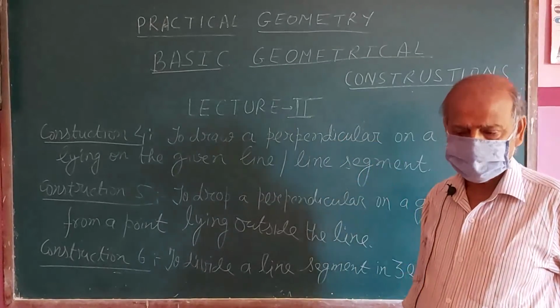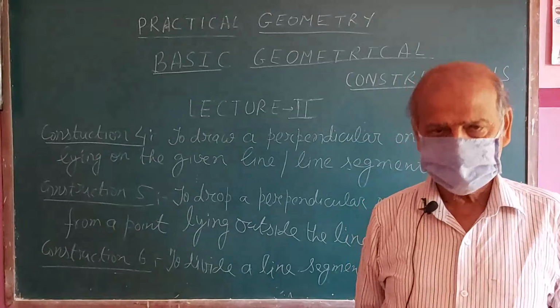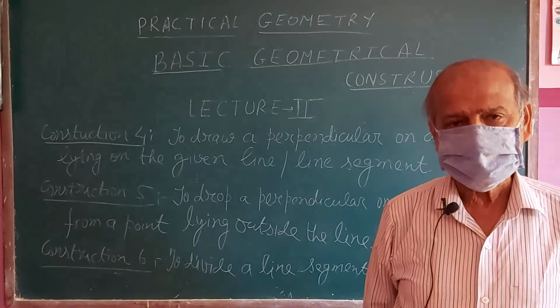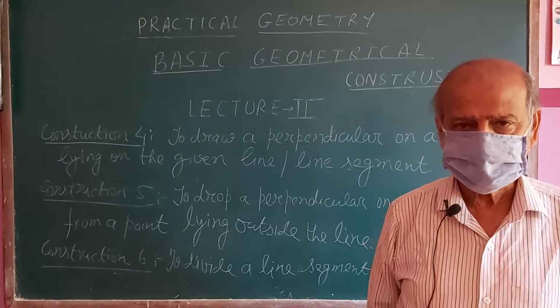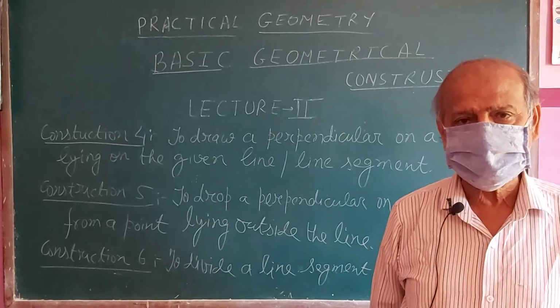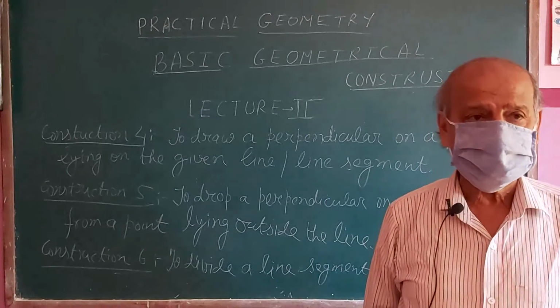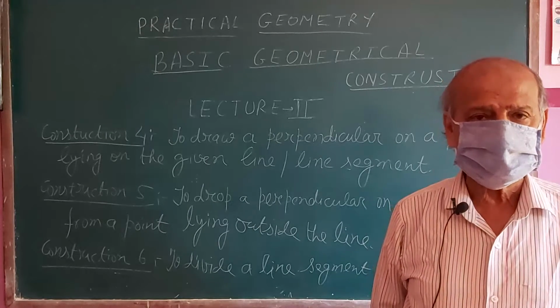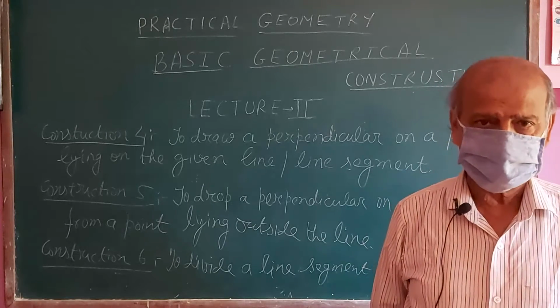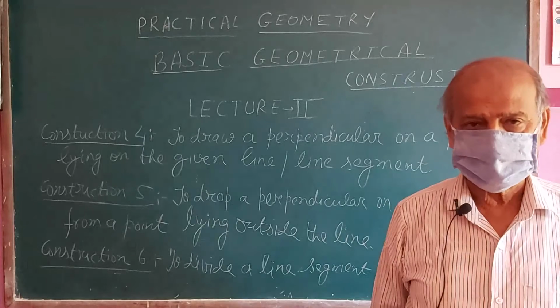What do you mean by perpendicular? Perpendicular is a line which is at 90 degrees to the given line. Two lines are called perpendicular to each other when they form 90 degrees with each other. That is the definition of perpendicular lines.